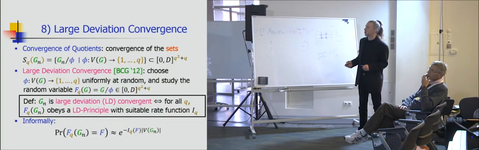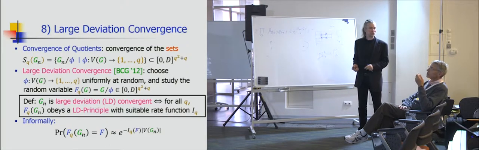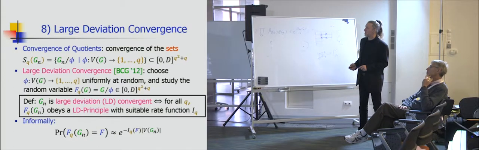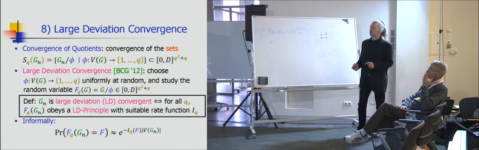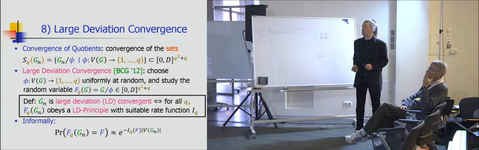So it probably is going to be exponentially suppressed. But the question is, how strongly is it suppressed? And if the coefficient here converges as n goes to infinity, then we say we have a large deviation principle.